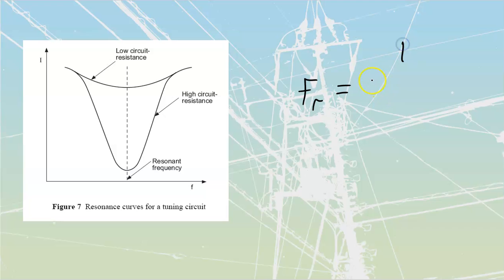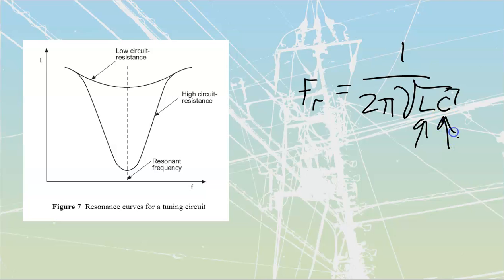FR is equal to 1 over 2 pi root LC. Find my inductor value, find my capacitor value. You'll note it is the same formula as what we were using inside of our series circuit. Once you know those in millihenries and in microfarads, whatever size of cap we're placing in there, you can then find your resonant frequency.